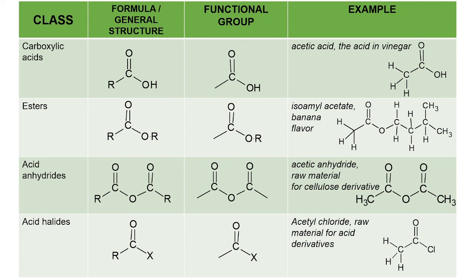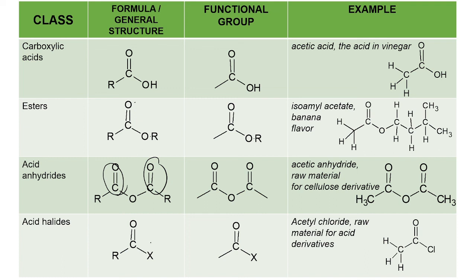For ester, we have an alkyl group, and we have another alkyl group here. And for the ester, we have an oxygen that is double bonded to a carbon. Same with acid anhydride. The difference is we have two carbon atoms that are double bonded to an oxygen.